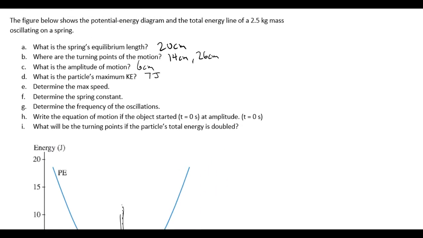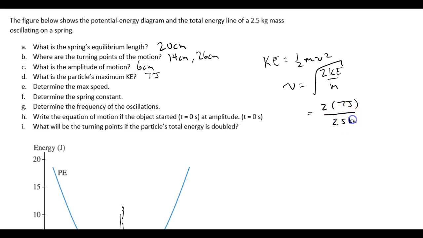Determine the maximum speed. Well, if we know that kinetic energy is 7 joules, kinetic energy is equal to 1/2 mv squared. So v is equal to the square root of 2 times the kinetic energy all over the mass. The kinetic energy is 7 joules. The mass is 2.5 kilograms.